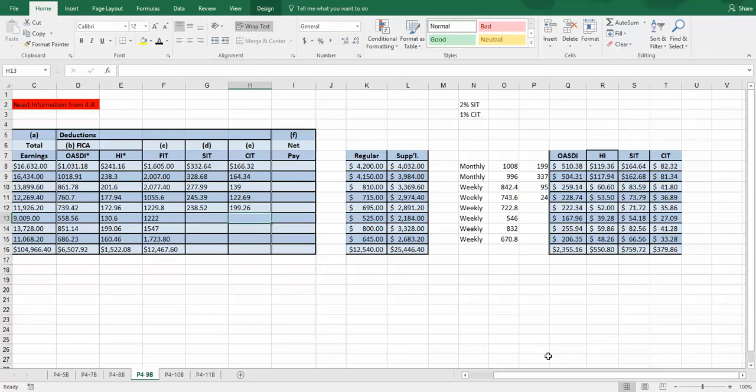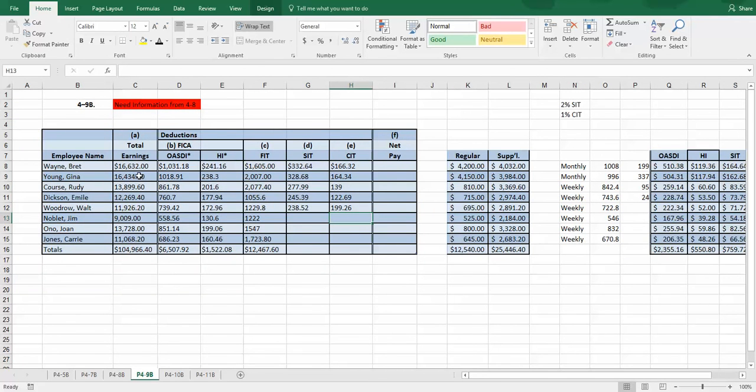And then we're going to calculate the net pay the same way. You're going to take our total earnings, subtract out your taxes, and that's going to give you your net pay.